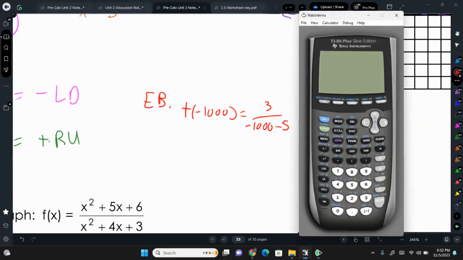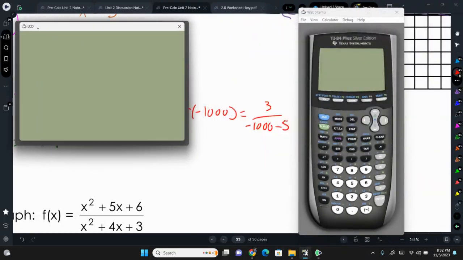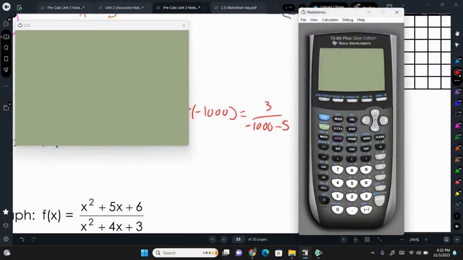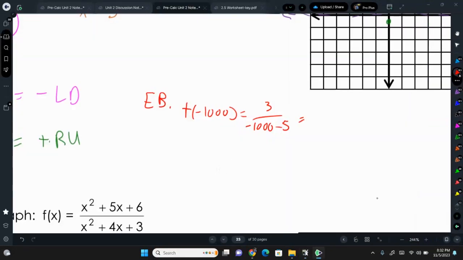Again, in the calculator, we just want to see if this is above or below our horizontal asymptote. So 3 divided by parentheses negative 1,000 minus 5, we get negative 0.003, which is less than our asymptote, so we're going to be below.